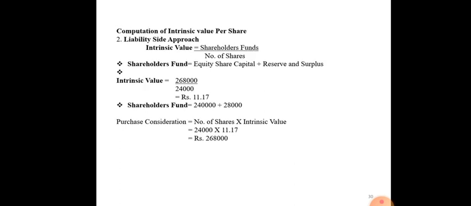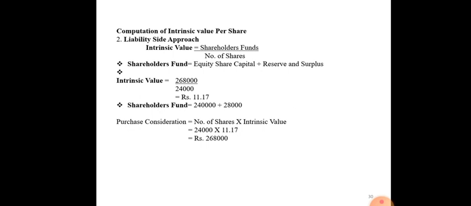Now in the liability side approach, intrinsic value is shareholders' fund divided by number of shares. How to calculate the shareholders' fund? Equity share capital plus reserve and surplus. Equity share capital is rupees 2,40,000 plus 20,000 reserve and surplus.